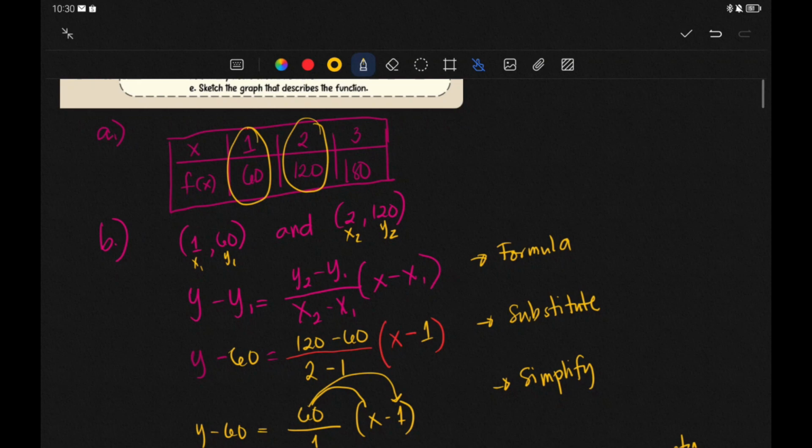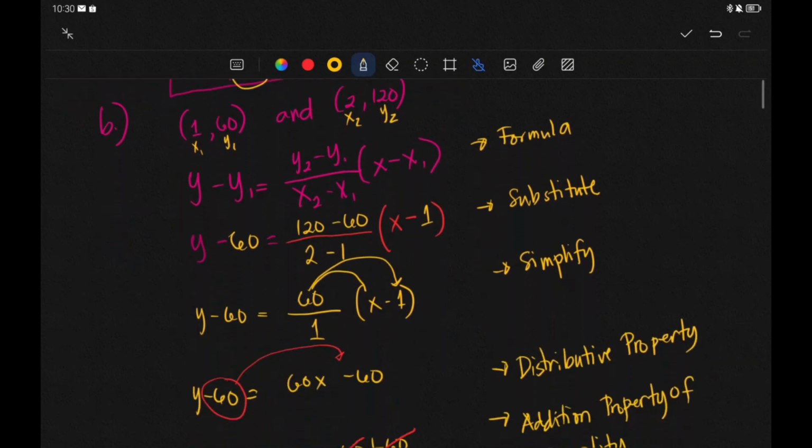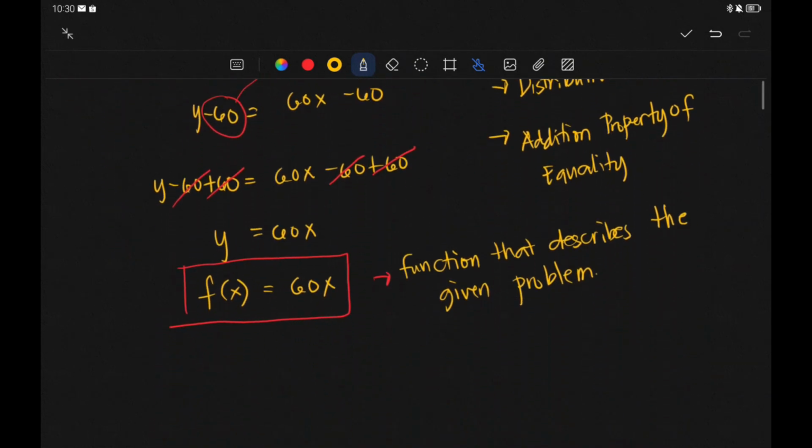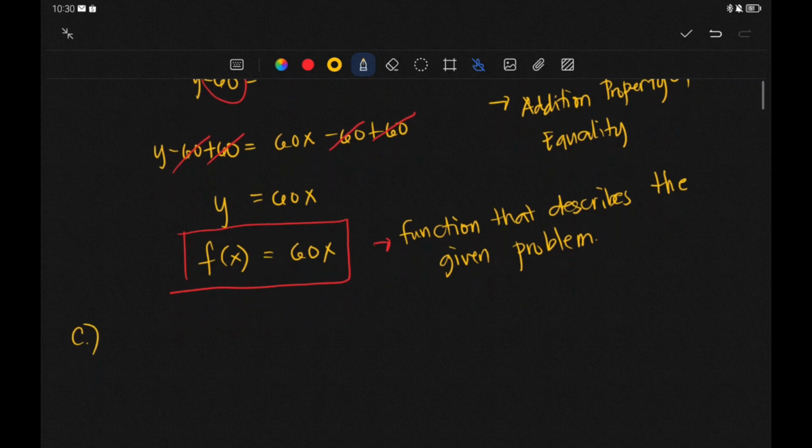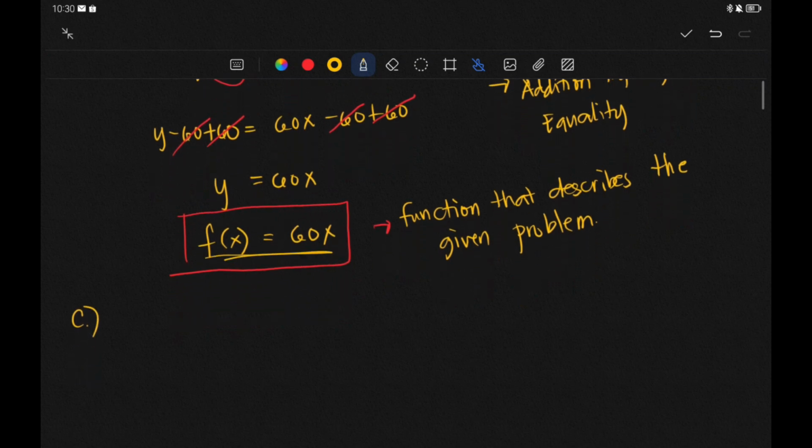So we are going to solve for letter C. Now, to find the distance he traveled after 4 hours, we are going to use this function. So we have f of x is equal to 60x. This is the given function.